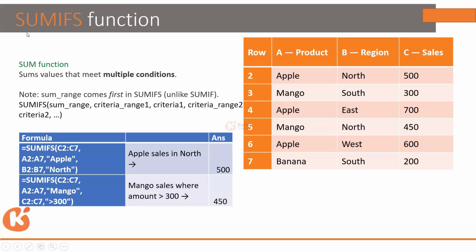See, in the previous one where we had used SUMIF, there was one condition being met, but here there are multiple conditions. Then another example: Mango sales where the amount is greater than 300.